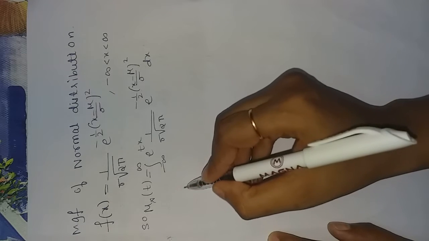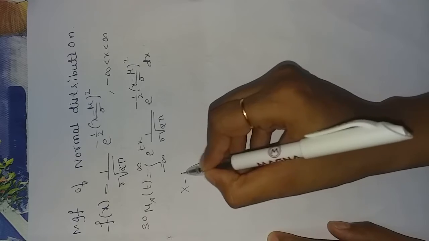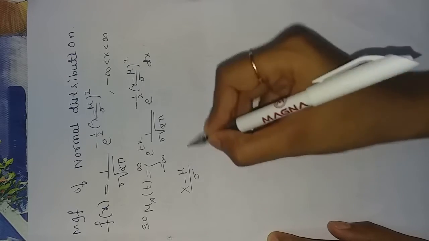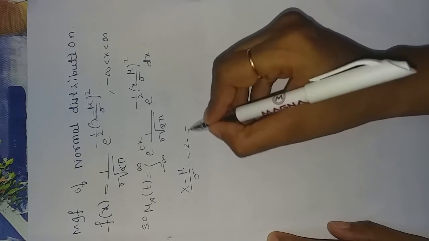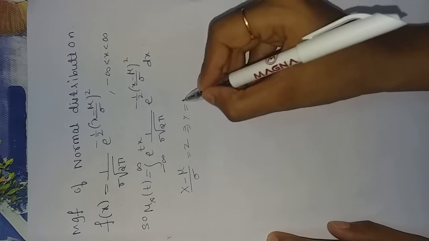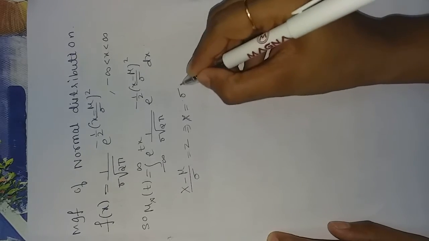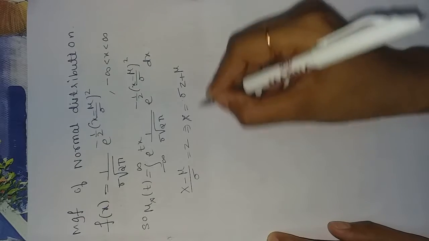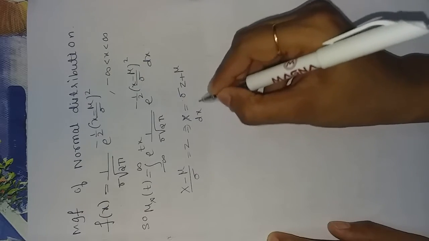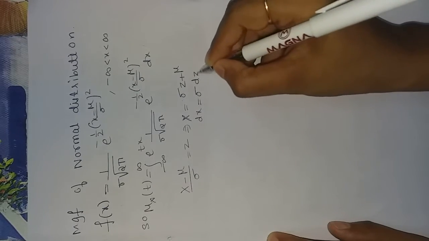To further simplify this, we have to take a substitution: (x minus mu) by sigma as z. This implies x equals sigma z plus mu. On differentiating both sides, we get dx equals sigma dz.